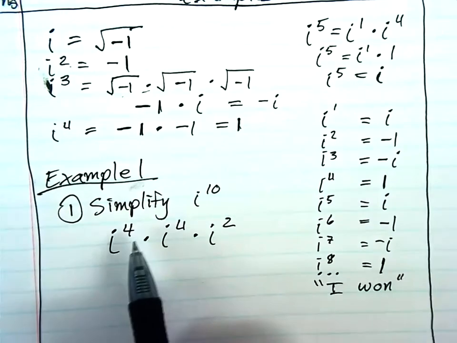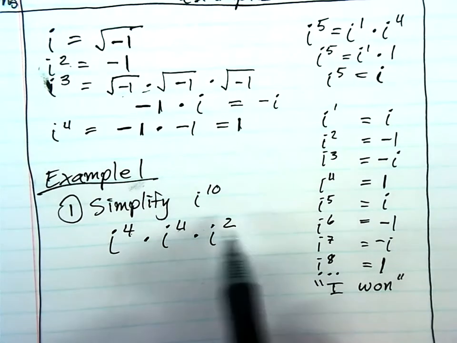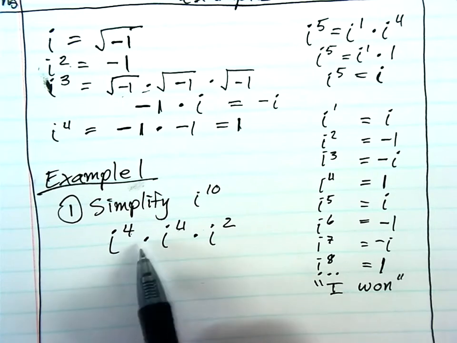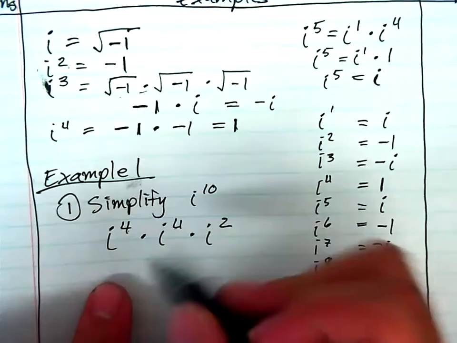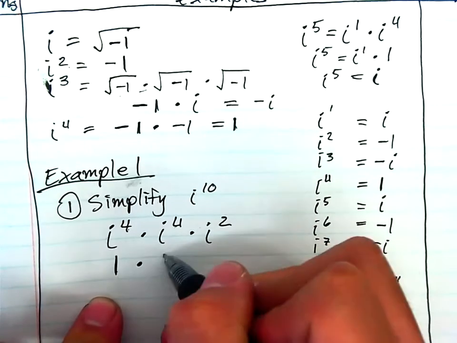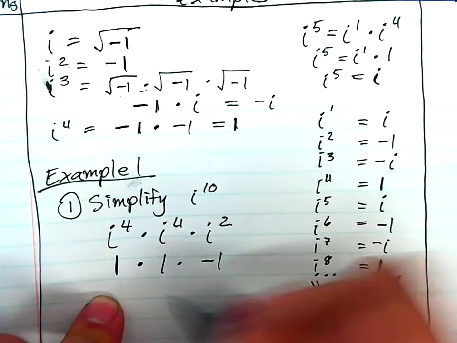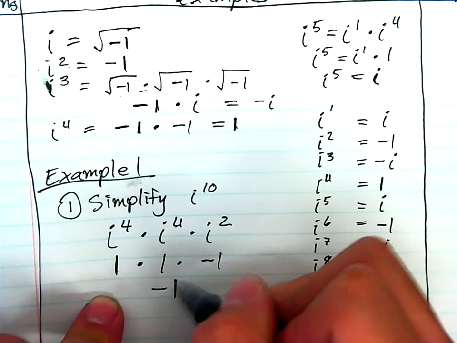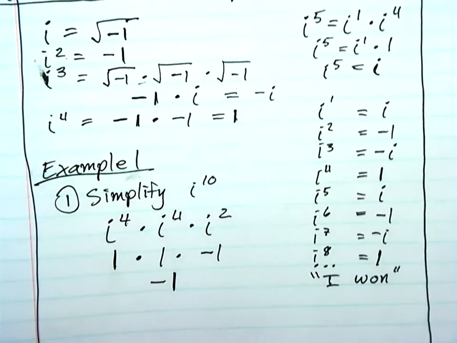Now, why is that true? Because 4 plus 4 plus 2 would be 10. Remember that when you multiply something with the same base, you just add the exponents. So now this simplifies to 1 times 1 times i squared would be -1, which means my answer is -1. i to the 10th simplifies to -1.